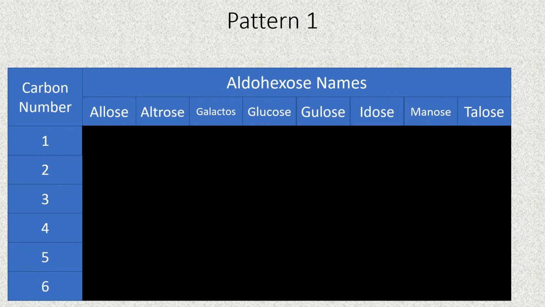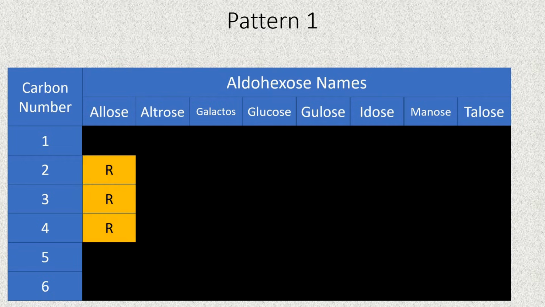Before starting the pattern, let me tell you a rule that I have also shown you in my previous videos about carbohydrates. The rule says that the alphabetically first sugar will have all the hydroxyl groups on the right side of carbon number 2, 3 and 4.